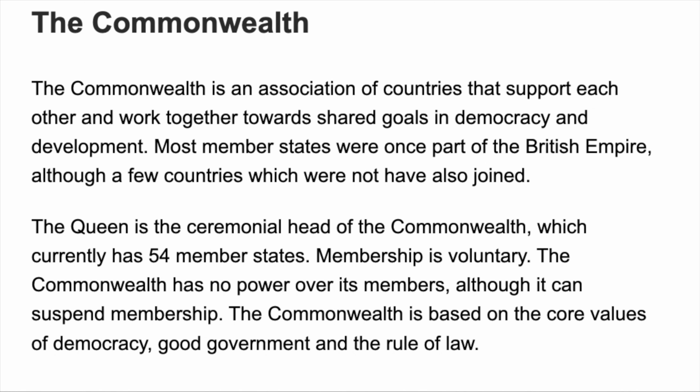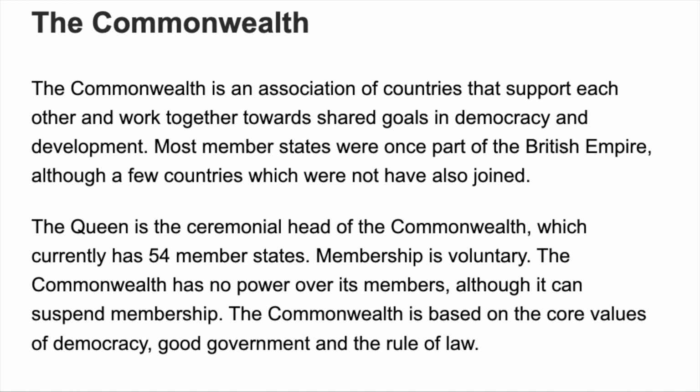The Commonwealth. The Commonwealth is an association of countries that support each other and work together towards shared goals in democracy and development. Most member states were once parts of the British Empire, although a few countries which were not have also joined.